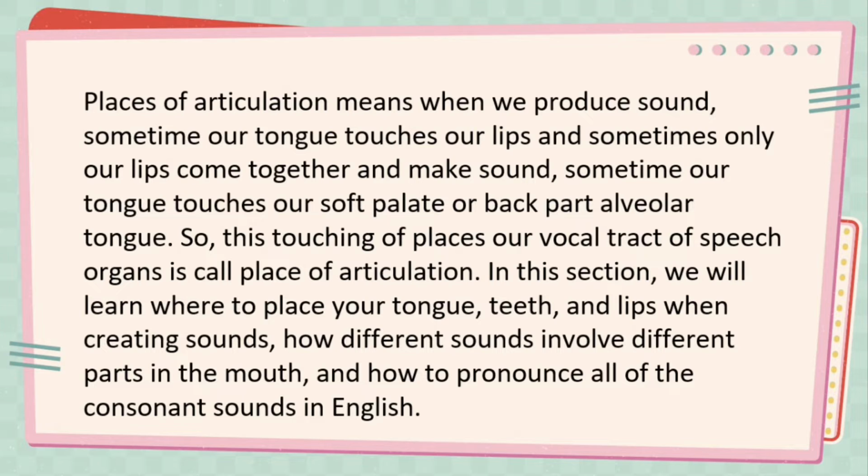In this section, we will learn where to place your tongue, teeth, and lips when creating sounds, how different sounds involve different parts in the mouth, and how to pronounce all of the consonant sounds in English.